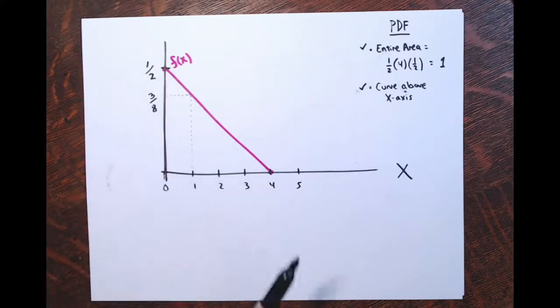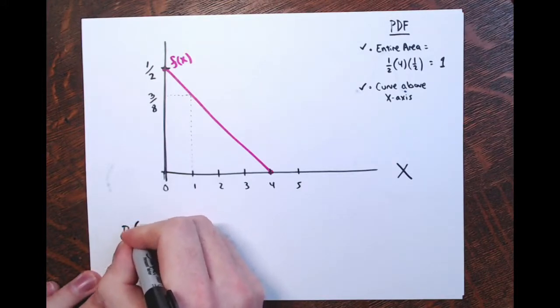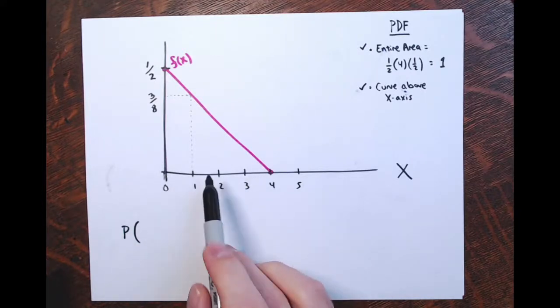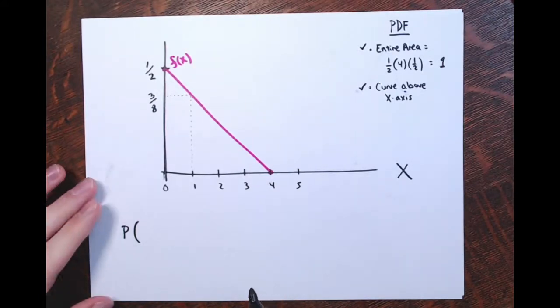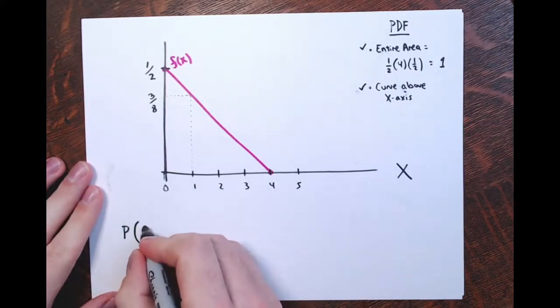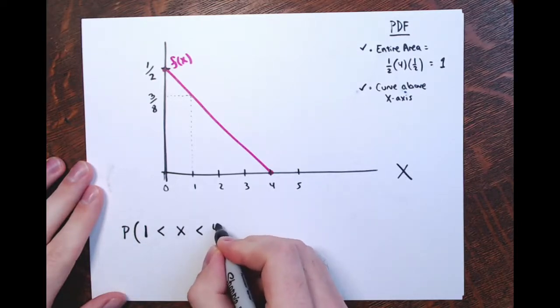So what we're asked to find is the following: if I were to pick a value at random from this continuous probability density function, from 0 to 4, what would be the probability that that value falls between 1 and 4?